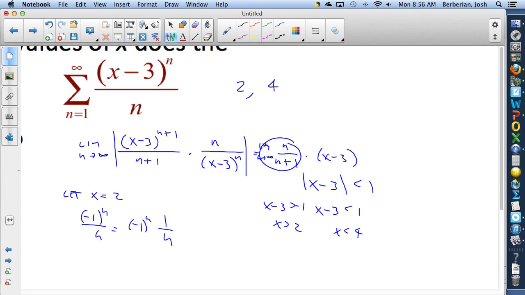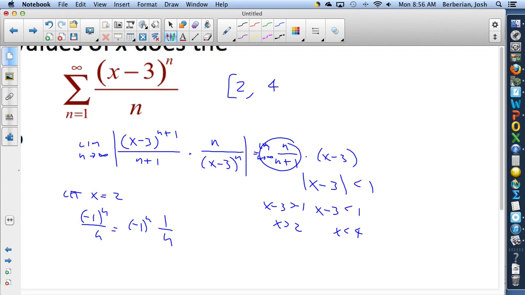Does that converge or diverge? That converges. That is the alternating harmonic series. So when x equals 2, the series converges.